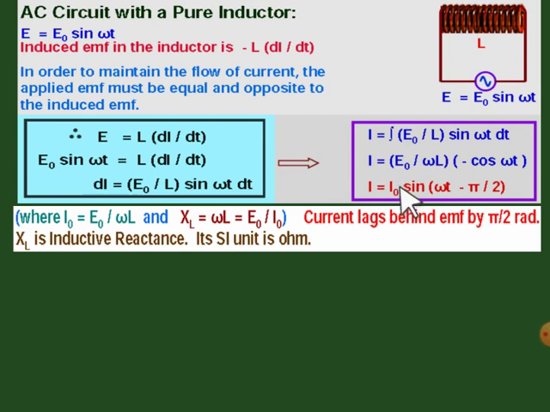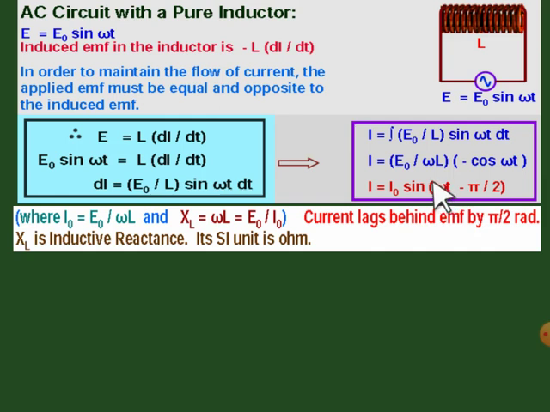Got it? And from here, let's compare the equation of the instantaneous EMF, E is equal to E naught sine omega t, and that of the instantaneous current, I is equal to I naught sine of omega t minus pi by 2. Now let's observe the phase of these two equations.